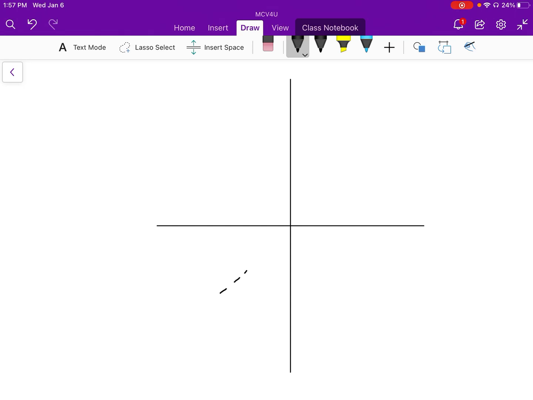We go basically at like a 45, draw a dashed line to represent the third axis. Imagine in our brain that this is coming out of the page. So everything on this side is coming directly out of the page at you, and everything on this side is under the page, so it's behind the vertical and horizontal axes.